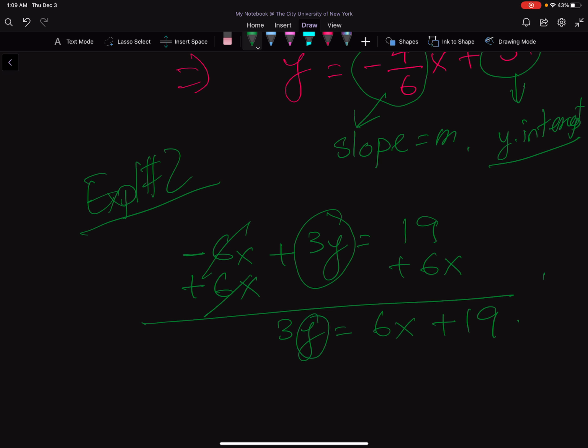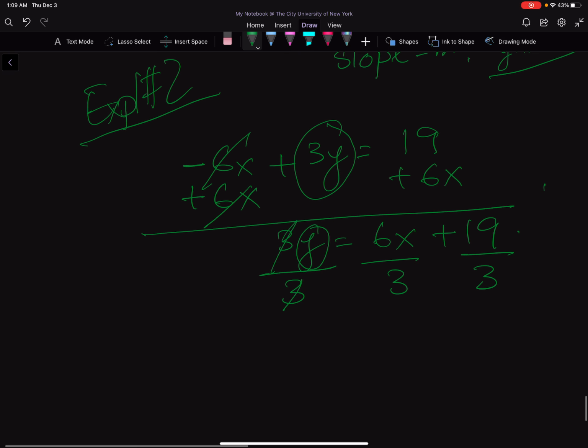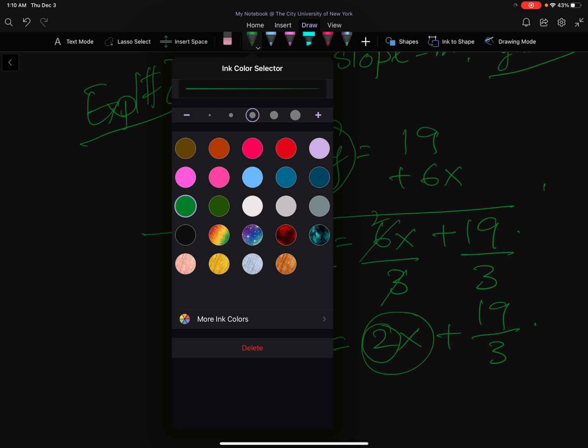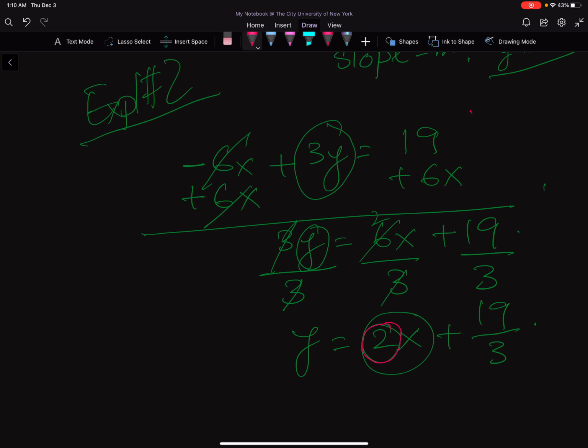I need y, so I divide this by 3 and this by 3. So this cancels out. I have y equals 2x plus 19 by 3. You can simplify it or leave it like 6 by 3, but it's better to simplify. So this part is my slope. I say the slope of the line equals 2.